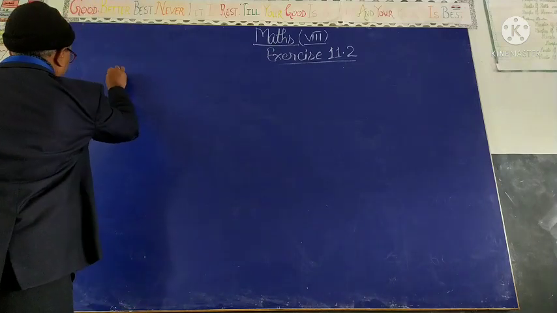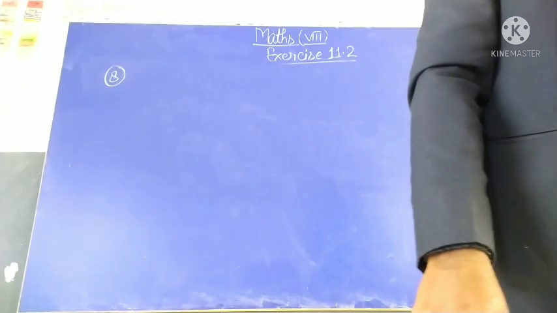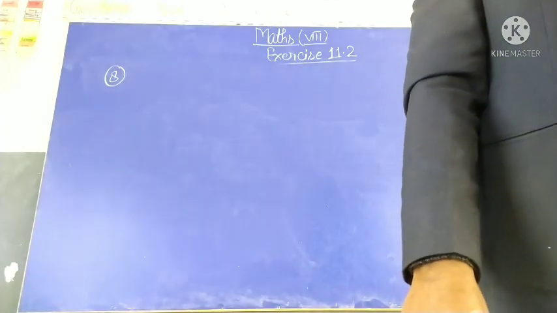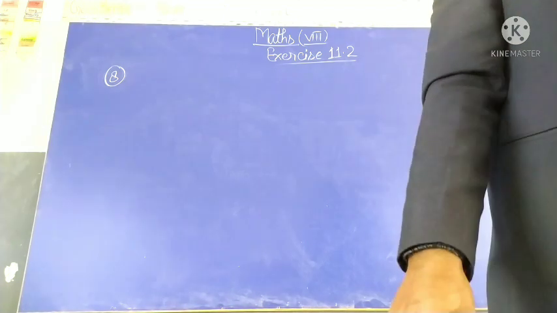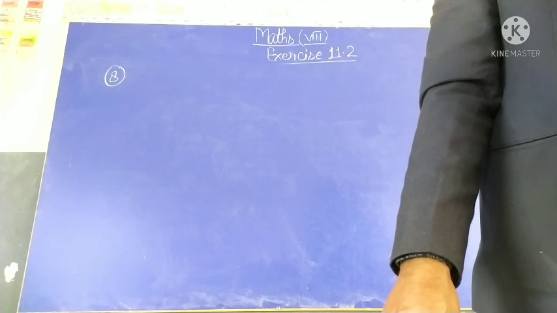Question number 8, that is, Mohan wants to buy a trapezium shaped field. Its side along the river is parallel to and twice the side along the road.